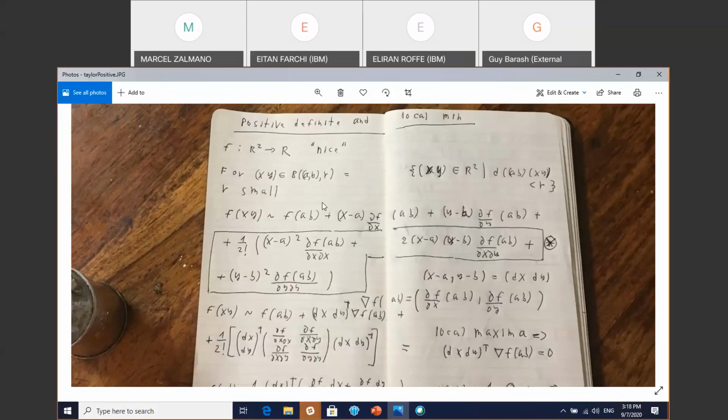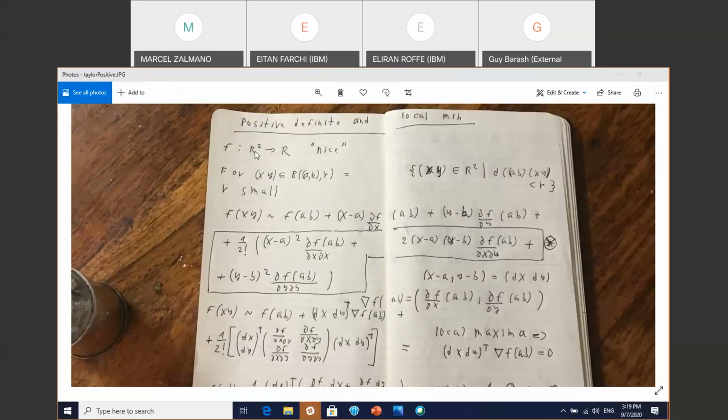Now, if you want to check yourself, if you understood this, just try it with just one variable. What happens then? What are the requirements that you get for one variable? Someone sees it?